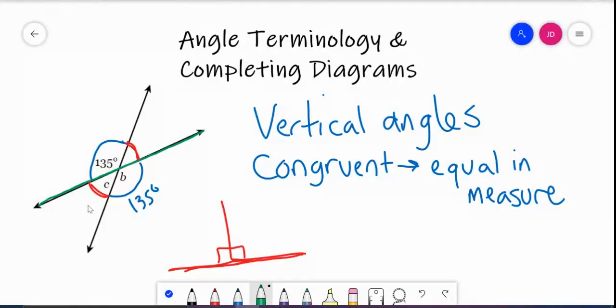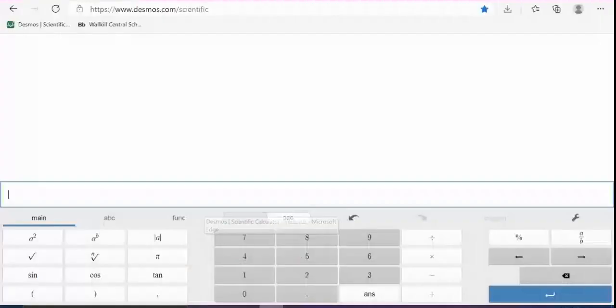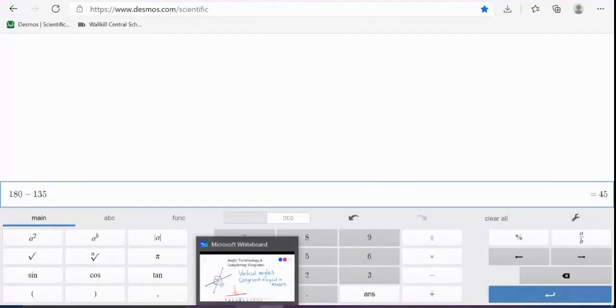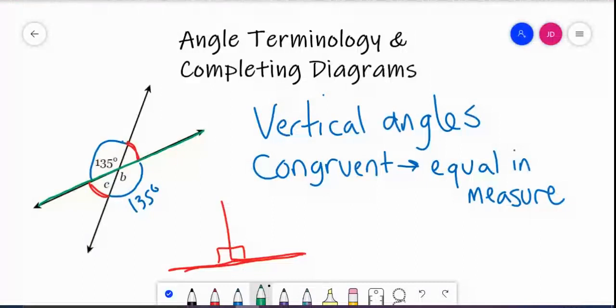So to figure out what C is, you would take 180 minus 135. You could use your calculator or do it in your head. I'm usually good in my head, but just to double check, it's going to be 45 degrees. So this is 45.